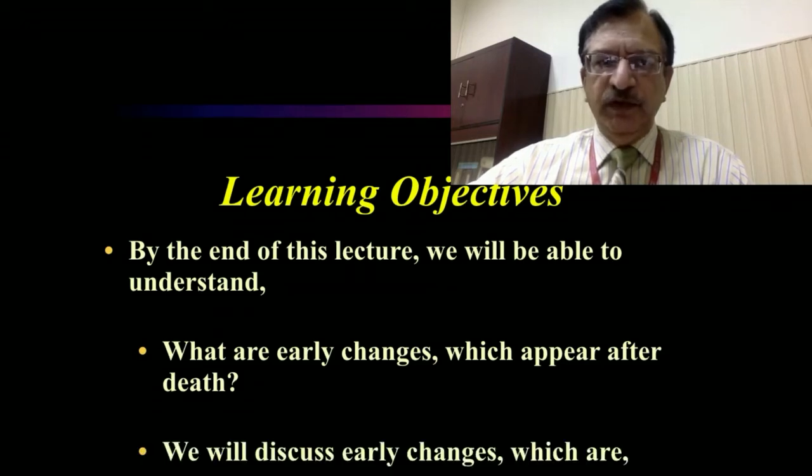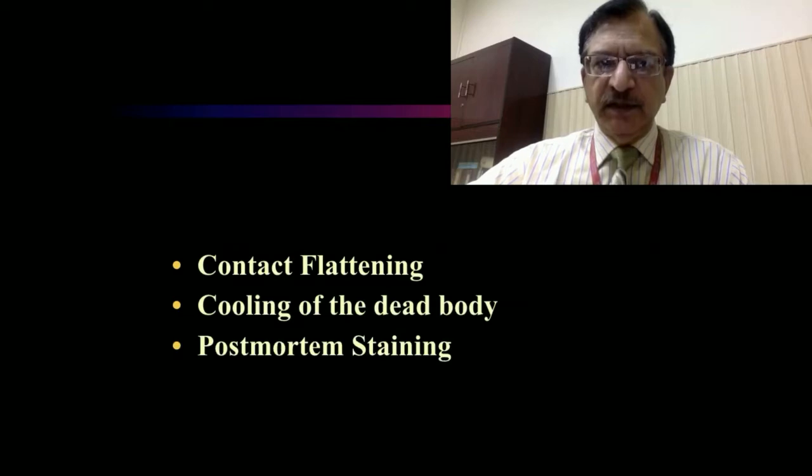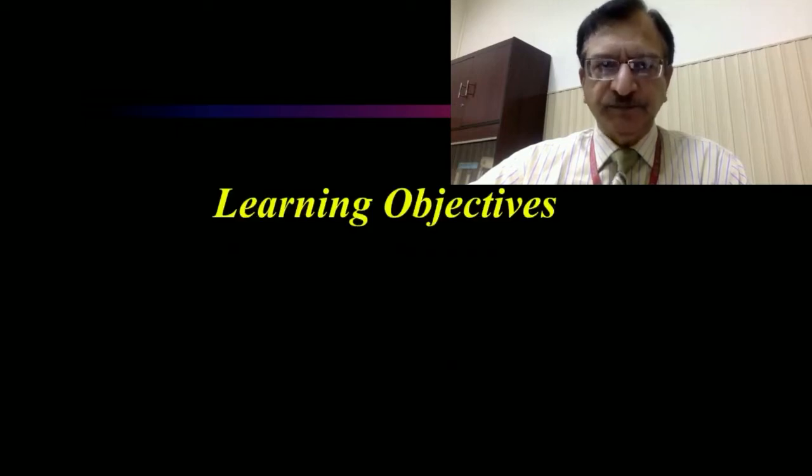And as we know, these changes are contact flattening, cooling of the dead body, post-mortem staining, and rigor mortis, and these early changes we'll discuss one by one in the upcoming lectures.